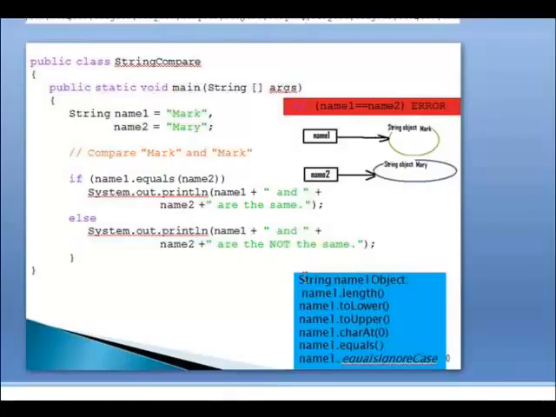For your information, if you remember, in the previous chapter we covered that the string name1 is an object. When it is an object, that object has a lot of methods. One of the methods was length, referring to the previous chapter. The other one was toLowerCase. The other method was toUpperCase.